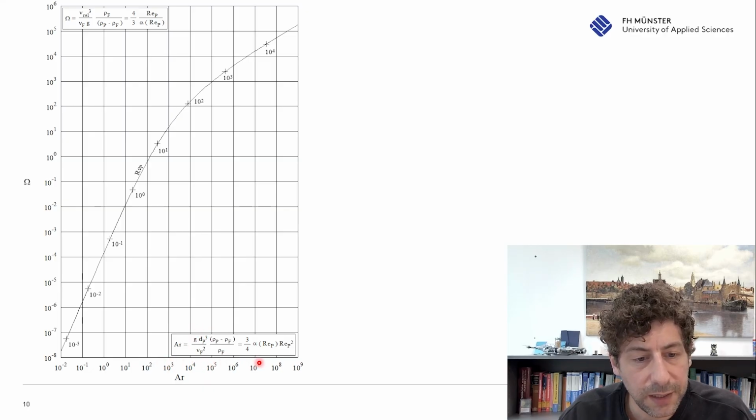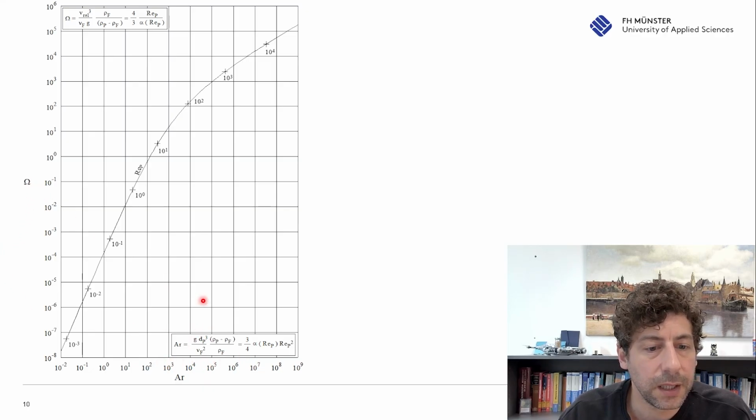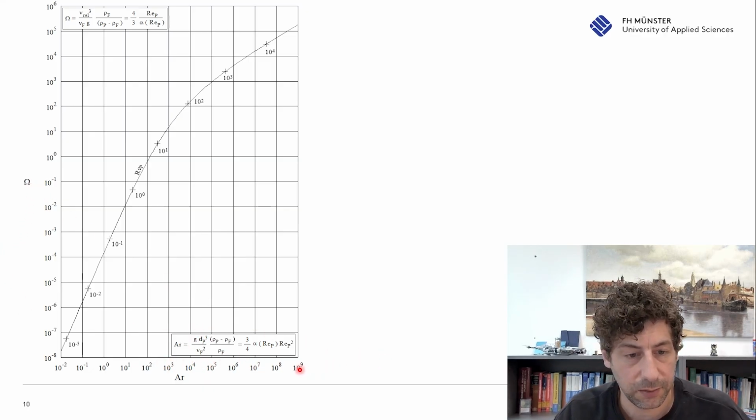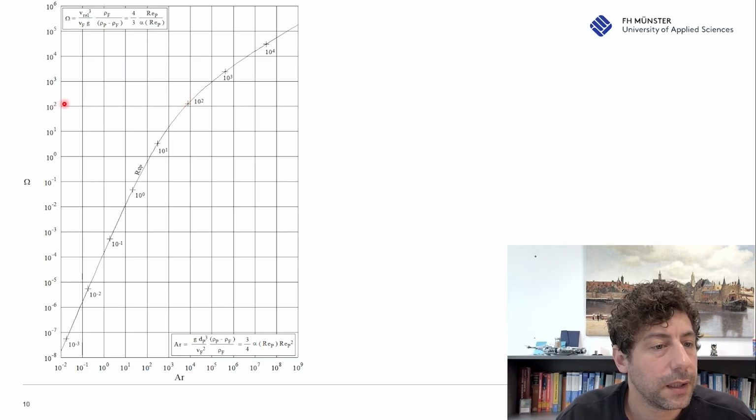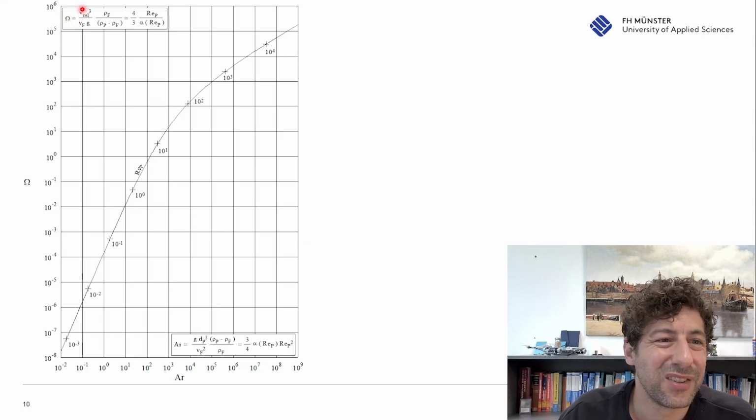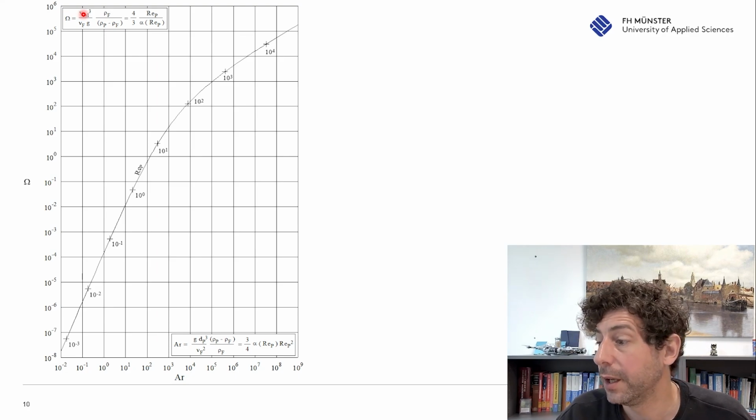So here is the Archimedes number, here is the omega number, and if you know the size of a particle, you can calculate the Archimedes number, and then you go to this line for a given Reynolds number, and then you can read out the omega number. Once you have the omega number, you can reshape the equation, and then you can calculate the velocity.